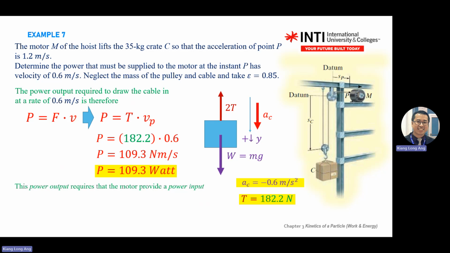So this 109 watt is the one that you require to pull this one out. It's the power you need to handle this operation. The question gives you efficiency. Efficiency is output divided by input. So you write the equation. Efficiency equal to output divided by input. Is 109 input or output?